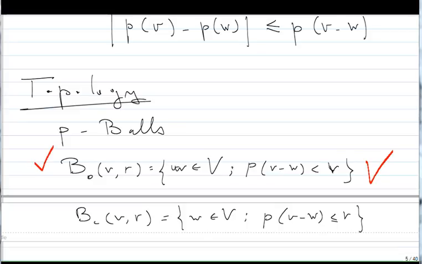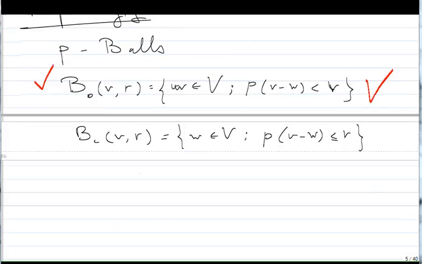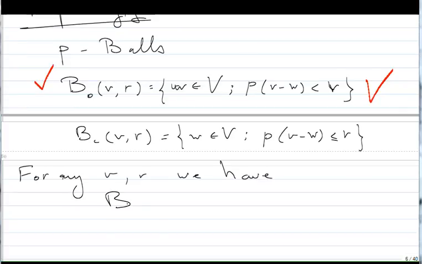Because of the properties of P, for any v and R, and the same property is valid for both open and closed so I'm going to drop the C and the O, the ball centered in v with radius R is just v plus the translation of R times the ball centered in 0 with radius 1.